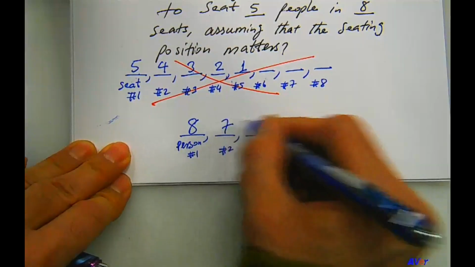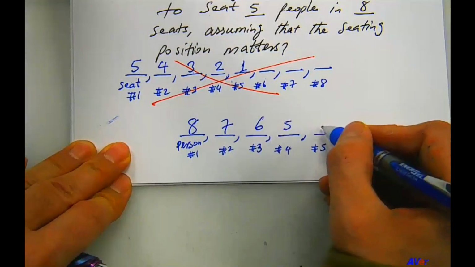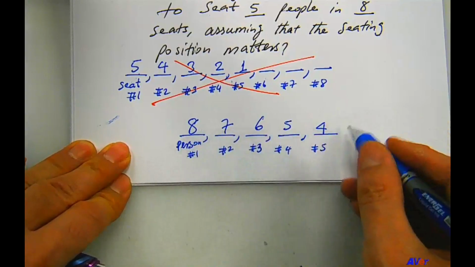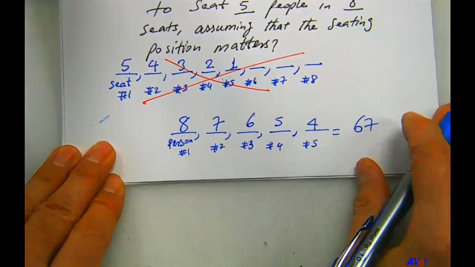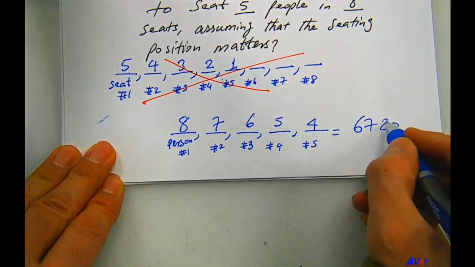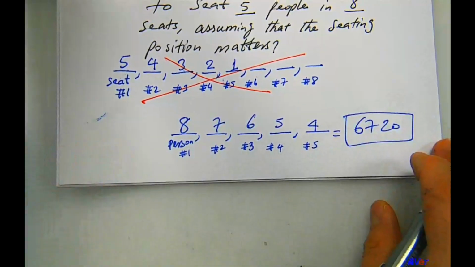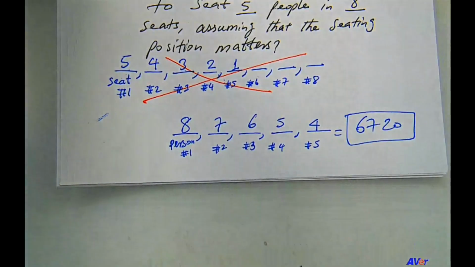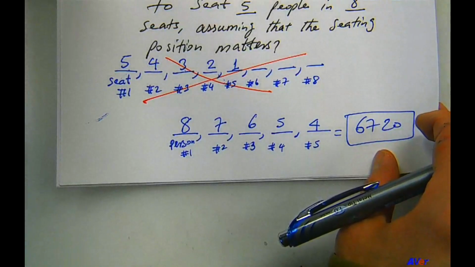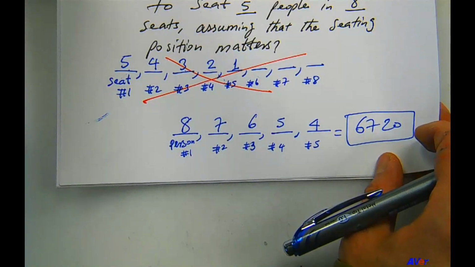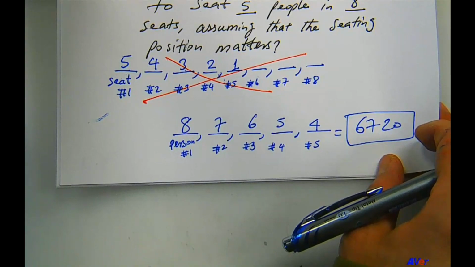Then that would be 7 and 6 and then 5 and 4, and that's the total number of ways these people can be seated, given that order of seating matters. Okay, so let's see another example.